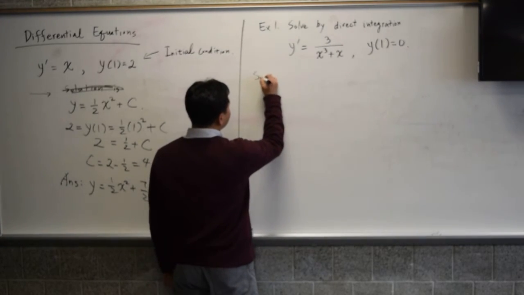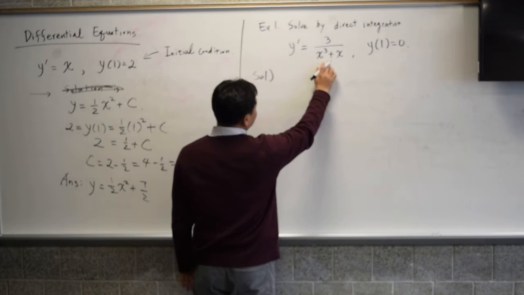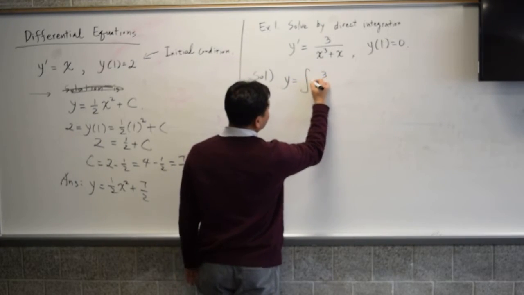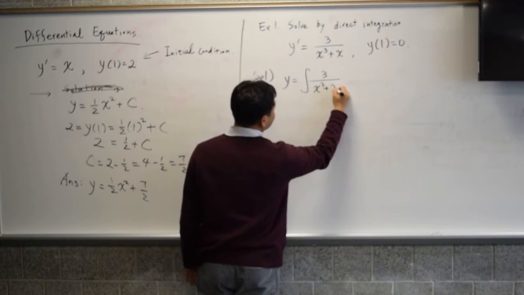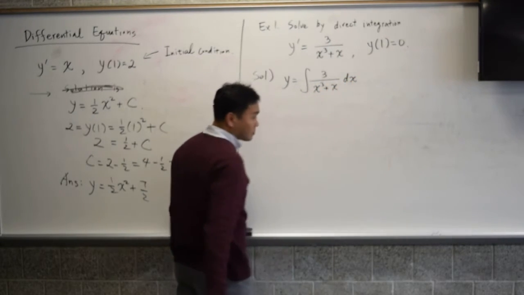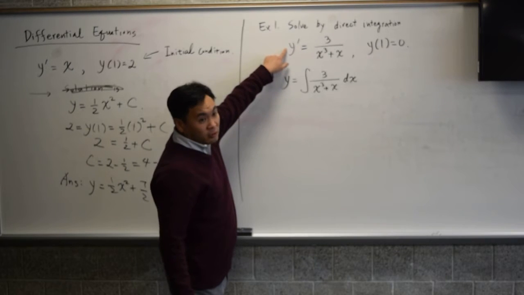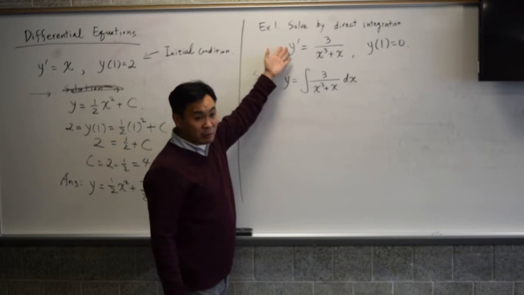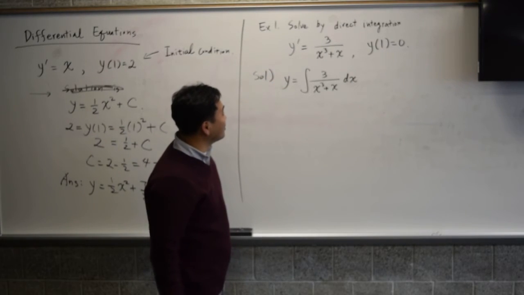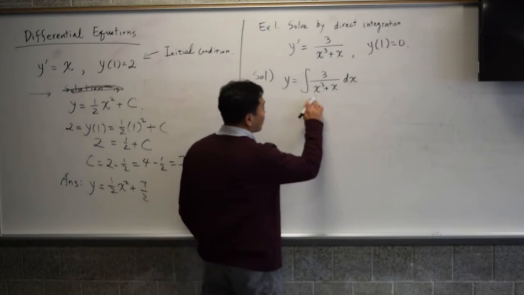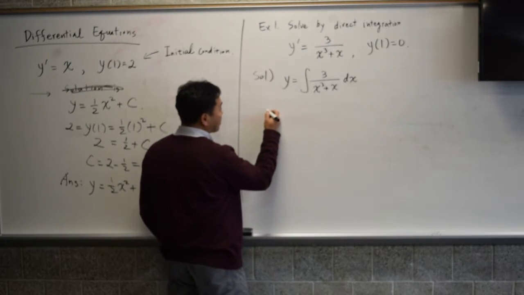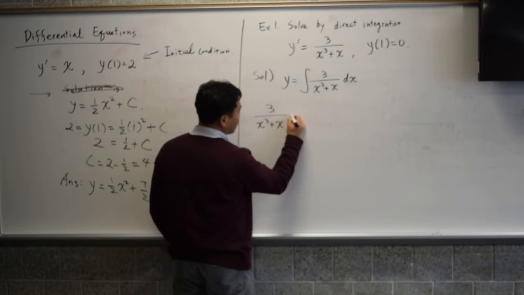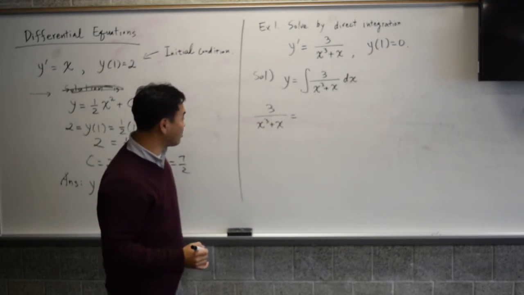Solution. We integrate both sides, so we know that y itself is the integral. See, if you integrate y prime, it's y, because you're finding the antiderivative of y prime, so that's y. This one, however, requires something called partial fraction expansion.